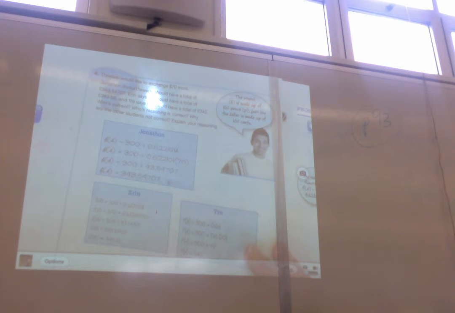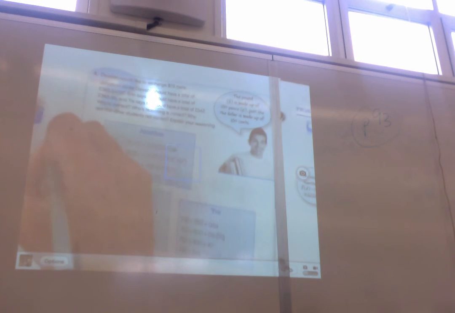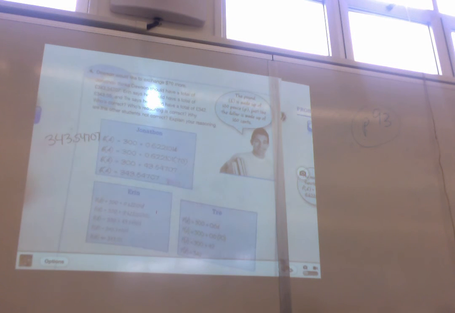Just like the dollars are made up of 100 cents. So if we were going to talk about how much money is in Myra's bank account, would we say 343.54707? Would we talk about money like that? No. Their decimal system is similar to ours, 100 pence where we have 100 cents.